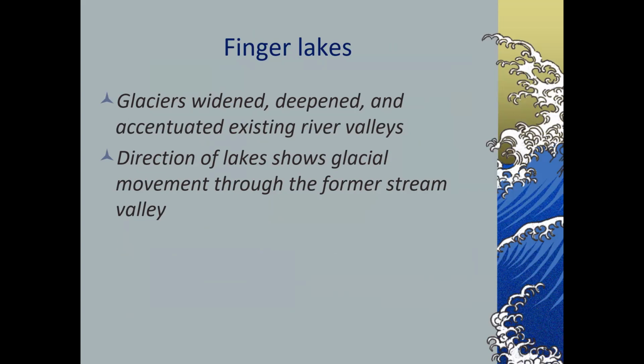You can actually tell which way the glaciers were moving because those Finger Lakes travel north to south. So you can see that those glaciers were traveling north to south and not east to west across New York State. Okay, so again, go ahead and get these 2 bullets into the Finger Lakes section on page 9.